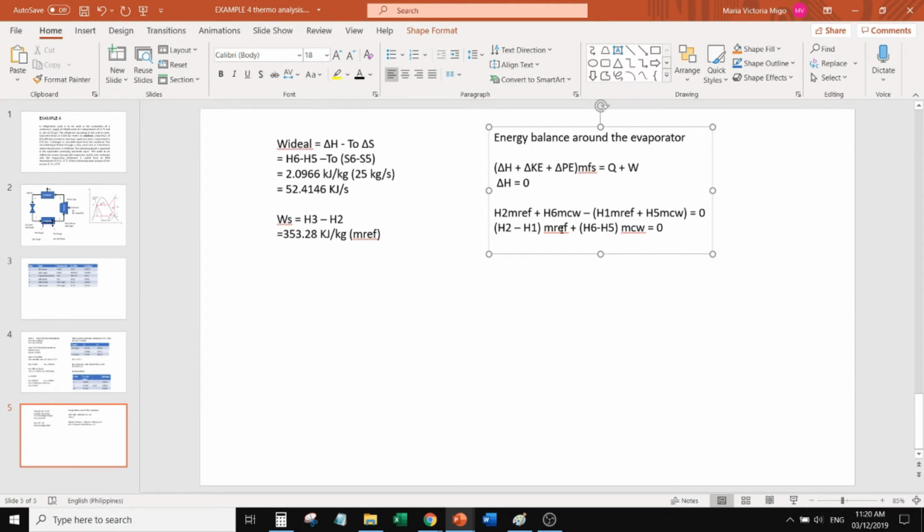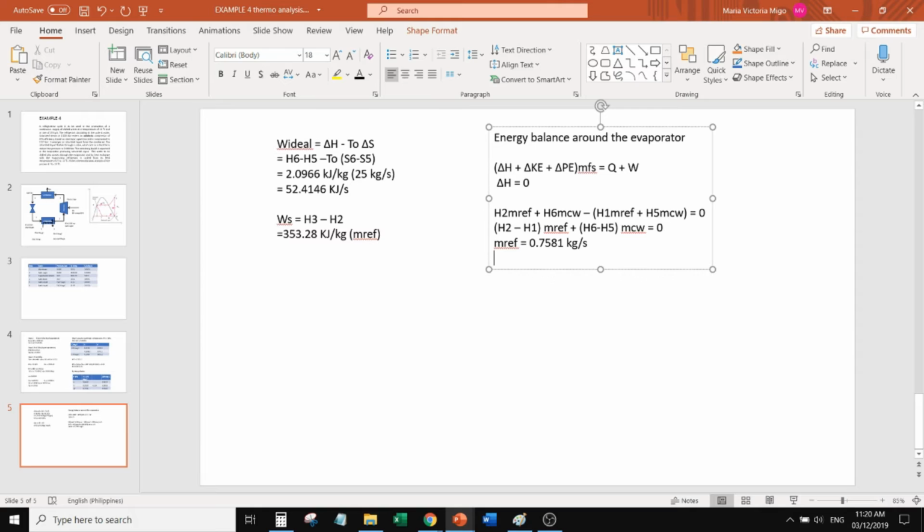So everything here is known except for the mass flow rate of refrigerant. This is known, this is known, everything is known. Solving for MREF, you'll get 0.758.